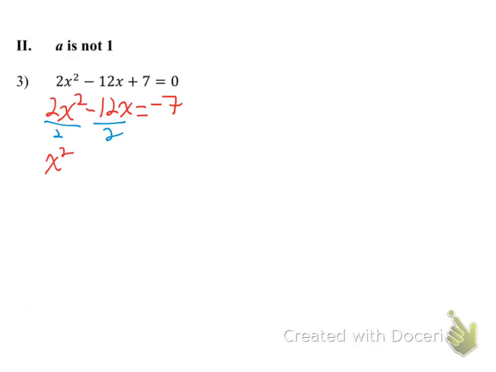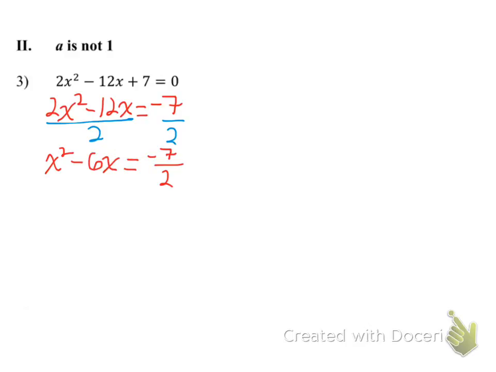We actually have to divide everything by 2. In essence, whatever you do to one side, you must do to the other. So now these cancel out, and then this makes negative 6, or minus 6x, and that will equal negative 7 over 2.